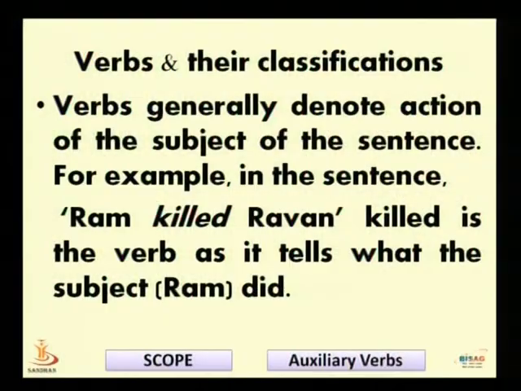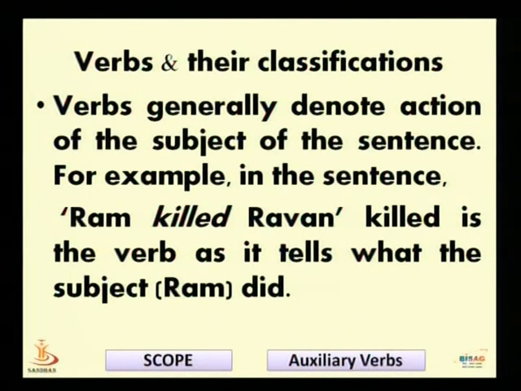Ram is the noun also. It is a noun which is occurring as the subject. And the verb which is there is in italics. So, killed is the verb which denotes the action done by the subject, that is Ram. So, killed has always association with the noun or the subject.